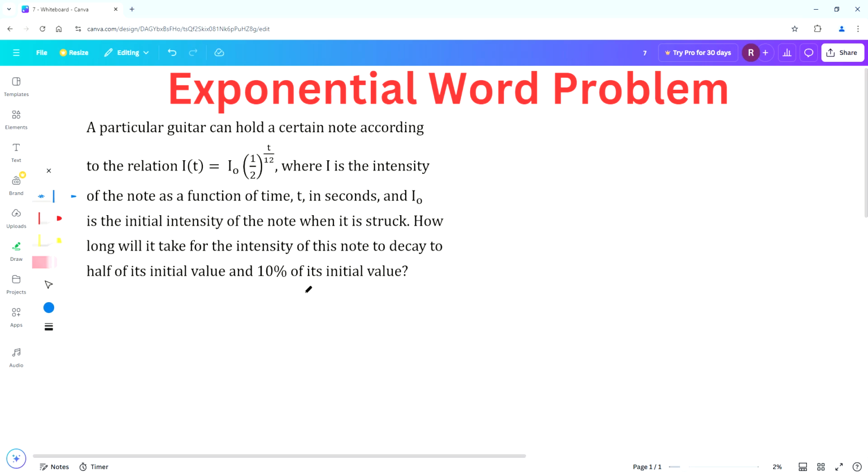Let's start with the first part, finding the time it will take for the note to decay to half of its initial value. We are given the equation for the intensity of note as a function of time.